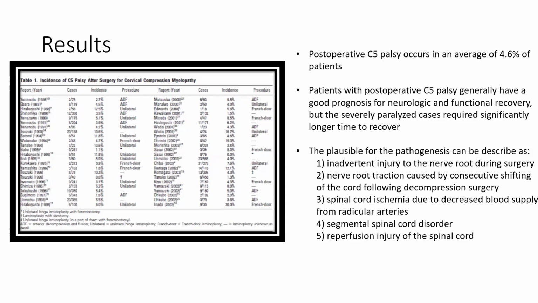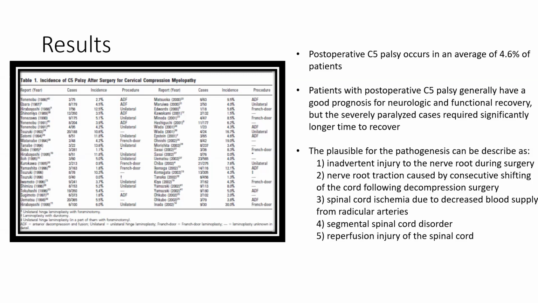I think it's important to also talk about the prognosis and treatment. Most of the time, they're treated conservatively with therapy, including a cervical halo, cervical traction, muscle strengthening, and things like that to prevent contractures.